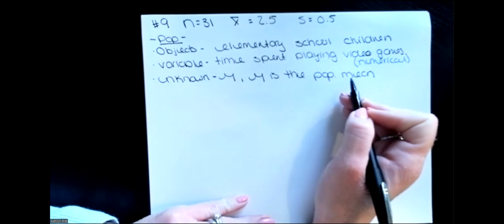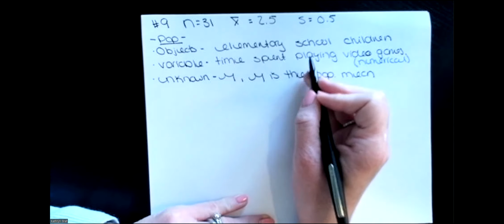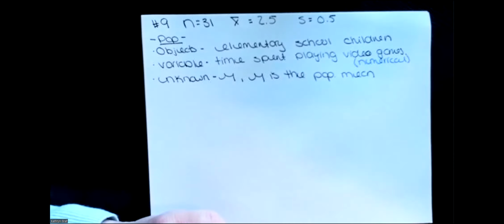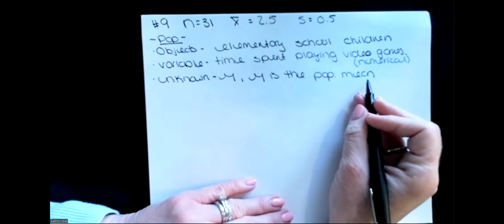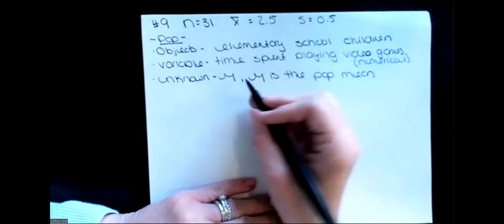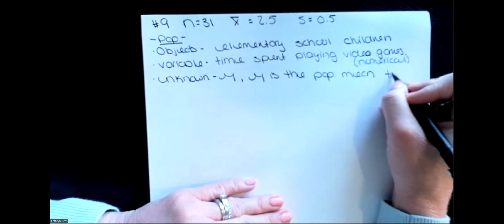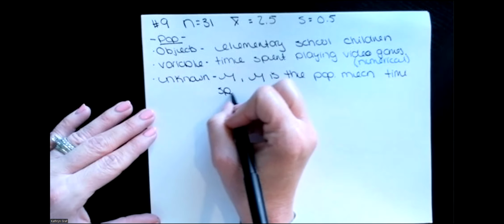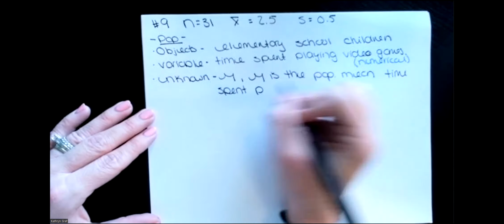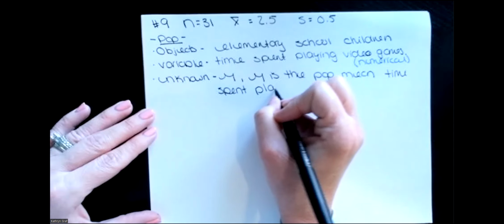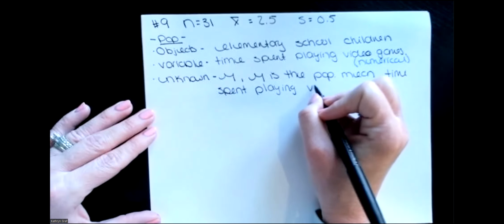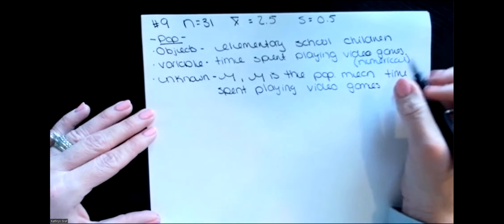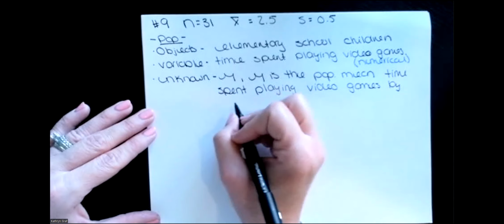Typically, when I'm looking at numerical, I start with variable and then end with objects. And then a lot of times with categorical, it's flipped. Okay. So what I mean is I'm going to write my variable first and then my objects. So mu is the population mean time spent playing video games by elementary school children.